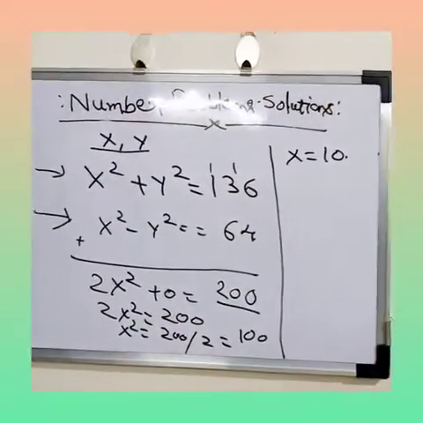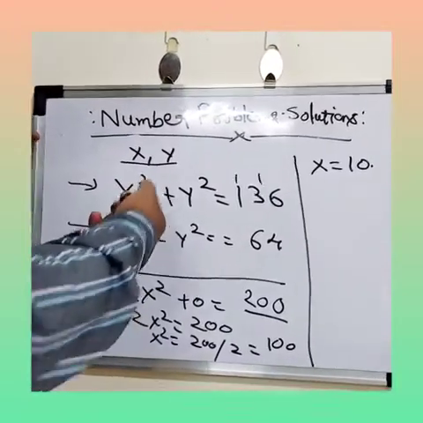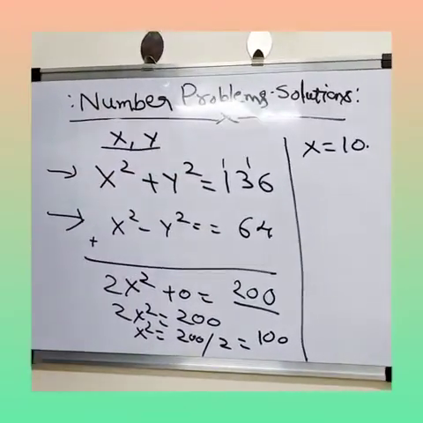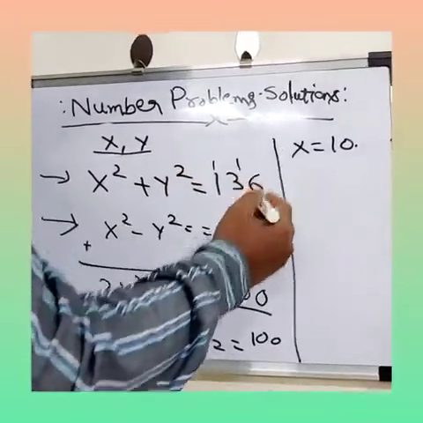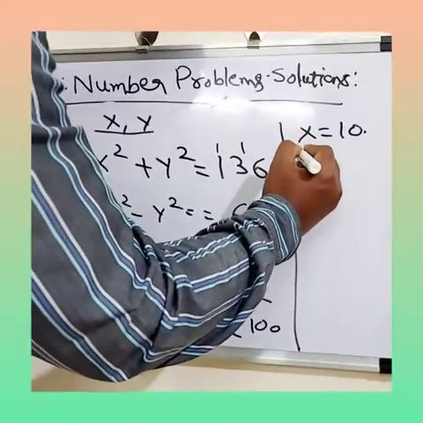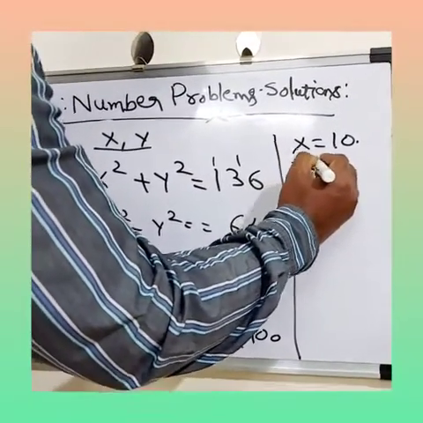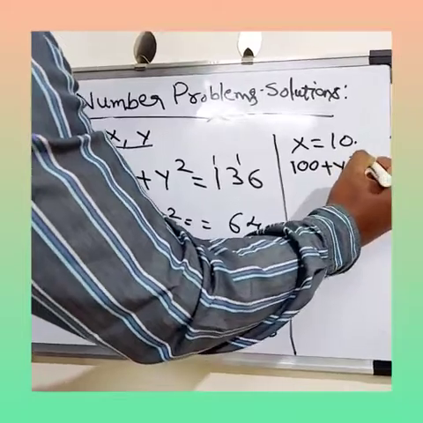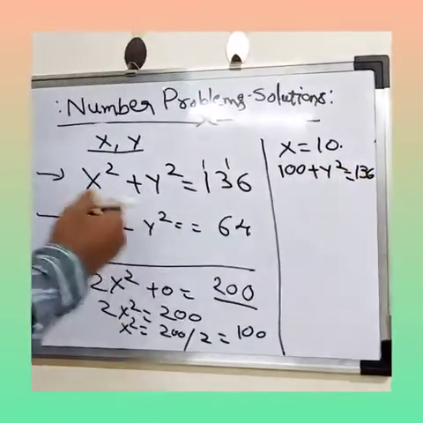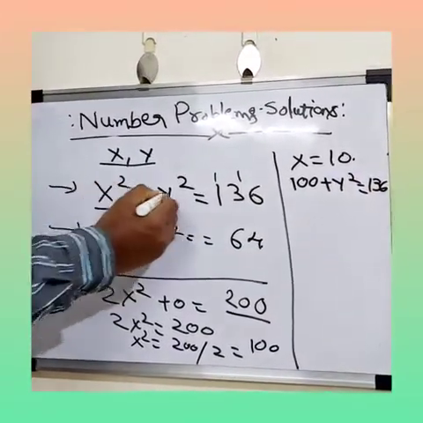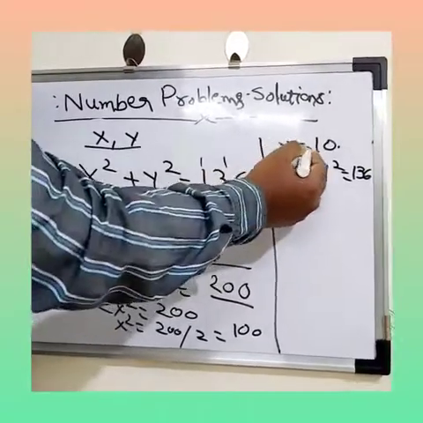Now it is very easy to find the value of y. How can you find it? 100 plus y square is equal to 136. How did I get this? Because the condition is x square plus y square is equal to 136, and we already know the value of x.